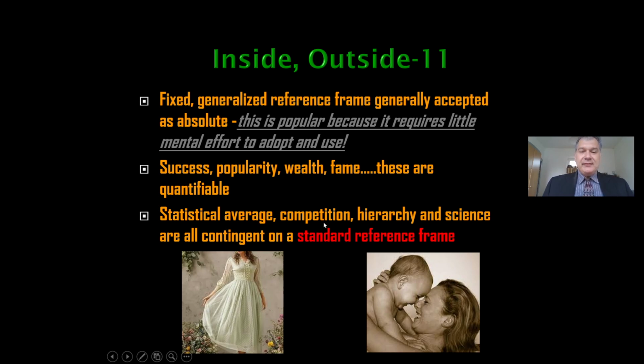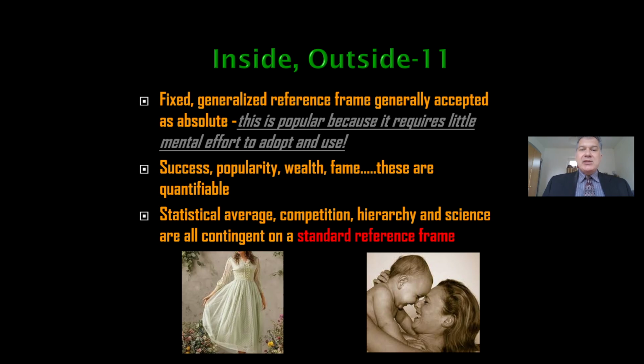Statistical average, competition, hierarchy, and science are all contingent on fixed things, a standard reference frame. You see, mathematics is also subject to this. There is a standard reference frame. Standard reference frames are always artificial.